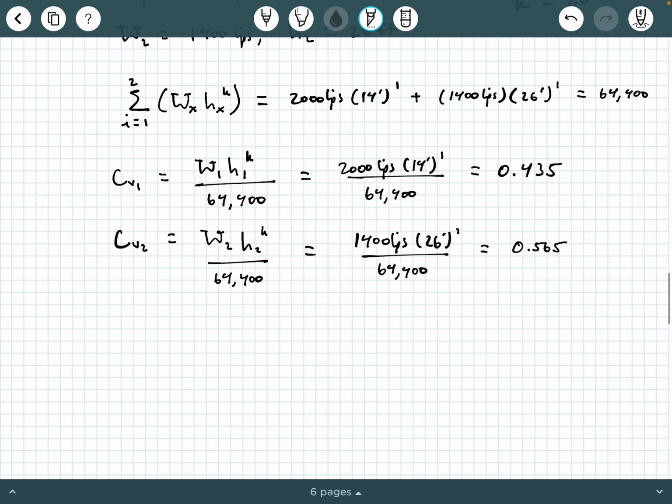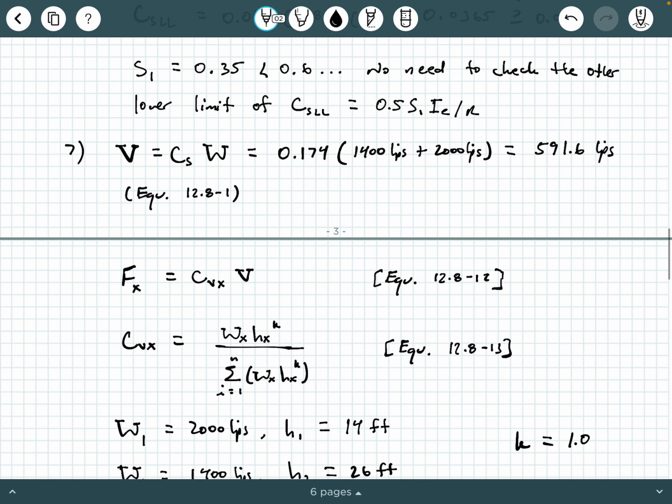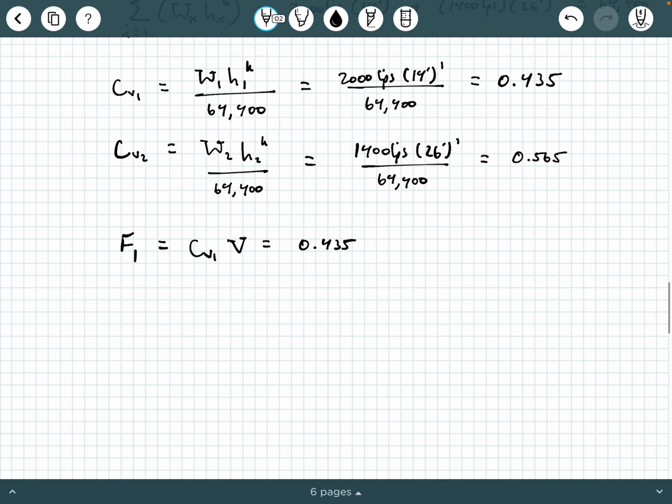So now we're ready to calculate the story forces. So F1 is going to be CV1 times that base shear, okay? So we're going to say 0.435 times the base shear that we calculated a few steps up. That's 591.6 kips. And what do we get? 0.435 times 591.6.